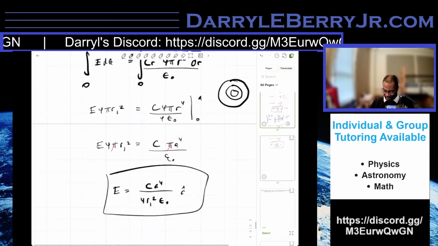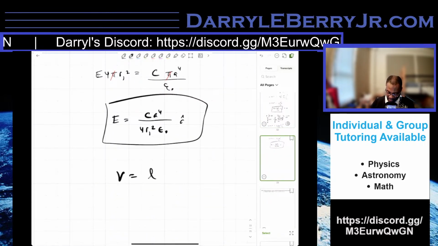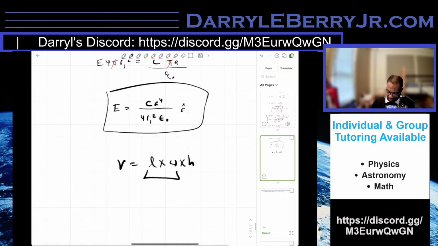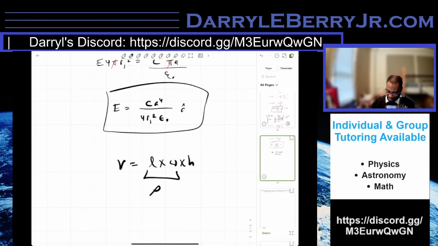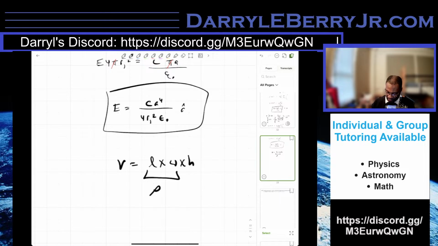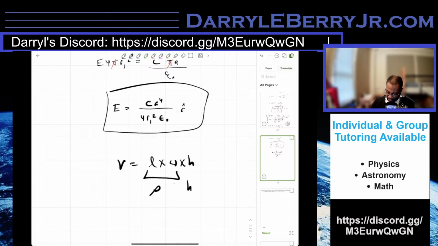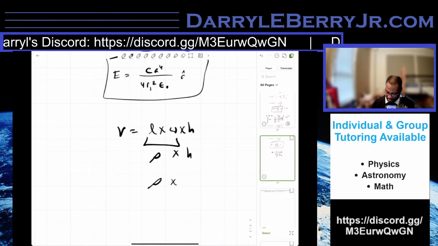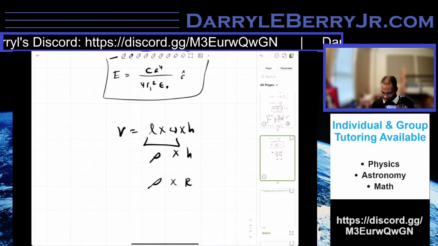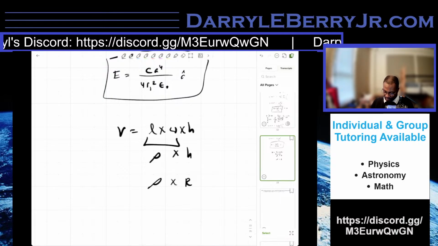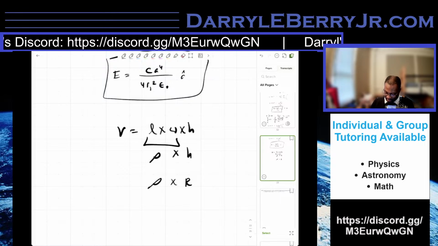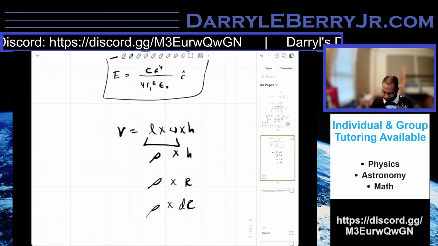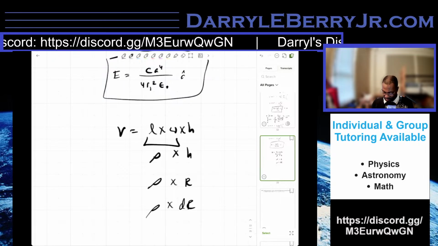So it's basically volume equals length times width times height, and the length and the width is going to be the density at the surface, and the height is going to be the radius. So this becomes integral times r, and I'm adding up all the r. So this will basically be integral times dr. So I'm adding up all the r, and that's a surface area. So okay, that's nice.